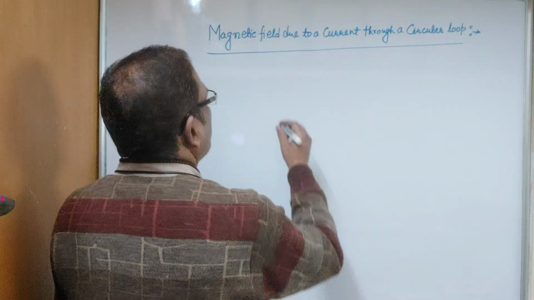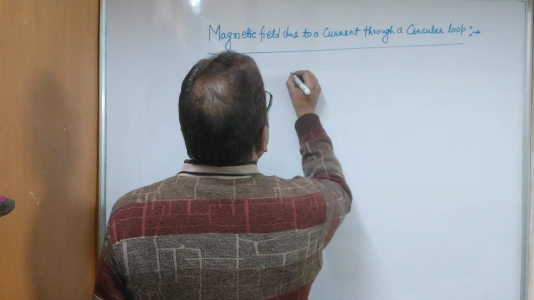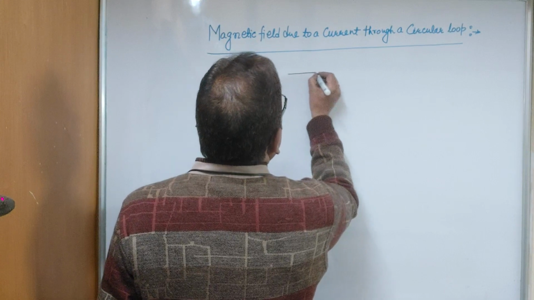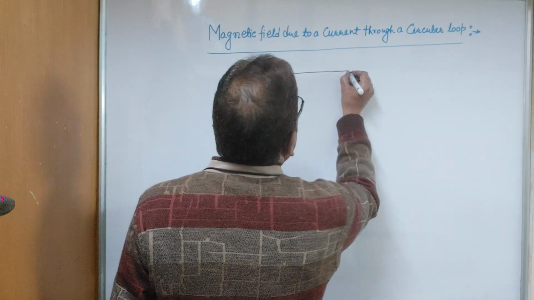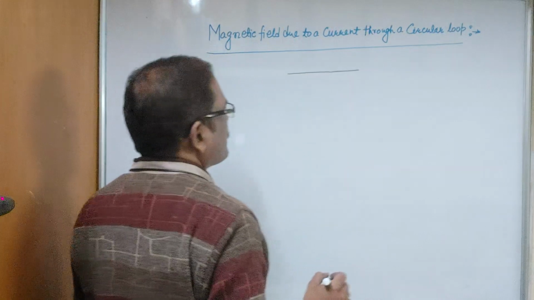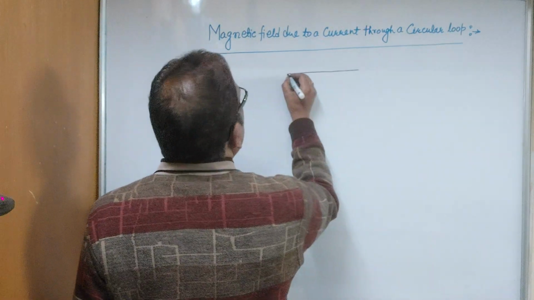Again we have to take a cardboard as we have taken in case of a straight long conductor.